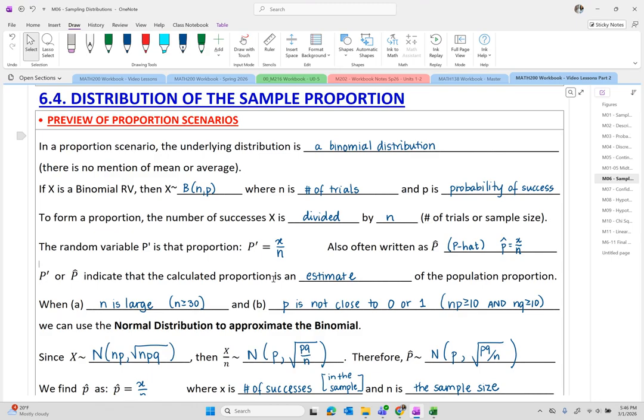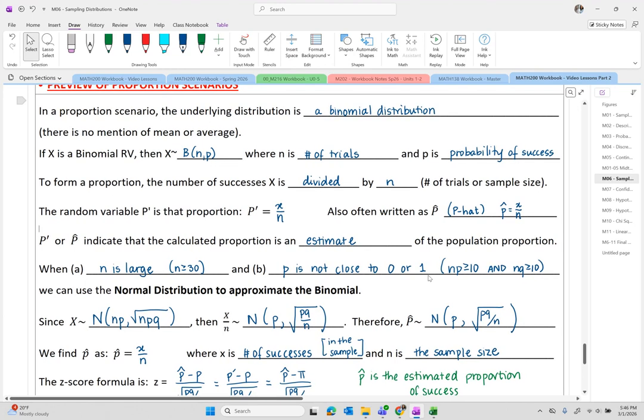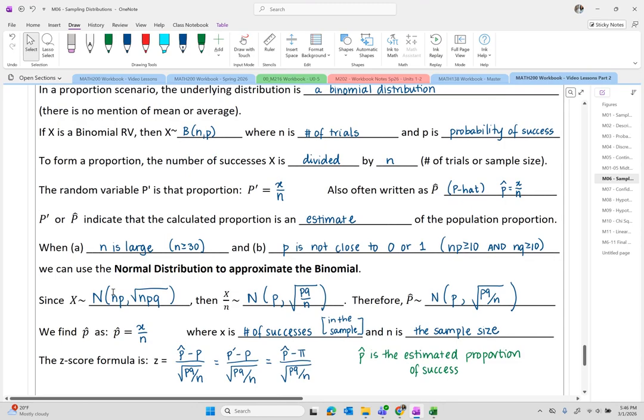And when n is large, greater than or equal to 30, and P is not close to 0 or 1, so that n times P is greater than or equal to 10, and n times Q is greater than or equal to 10, then we can use the normal distribution to approximate the binomial distribution.